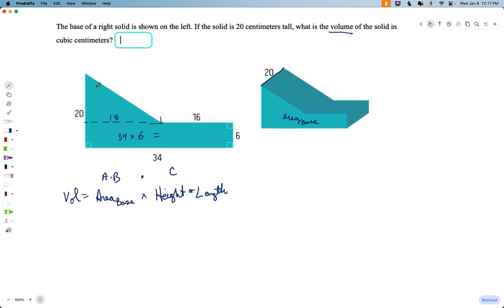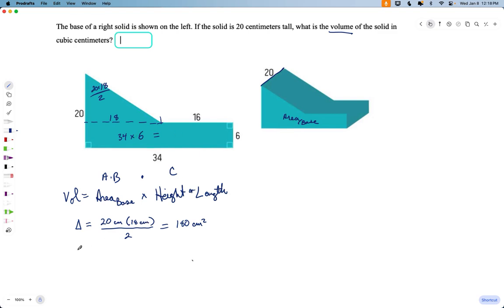So this one is going to be 20 by 18 divided by 2. So the triangle for the area of the base, 20 centimeters times 18 centimeters divided by 2, because it's a triangle, is going to be 180 centimeters squared.